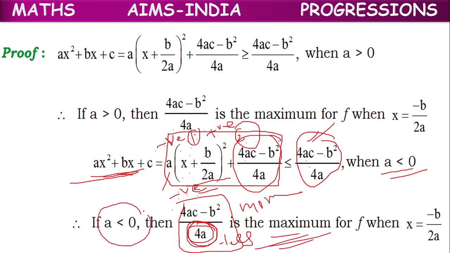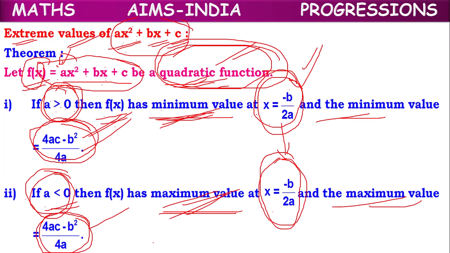So if a is less than 0, this total value will be maximum, and this will be maximum when we keep in the place of x minus b by 2a. So like this we can prove the maximum and minimum values of a quadratic function, children.